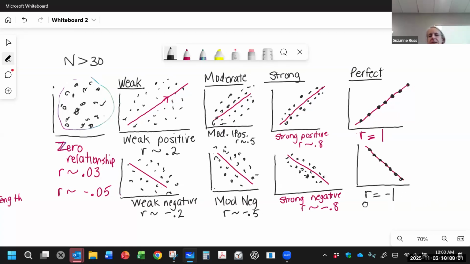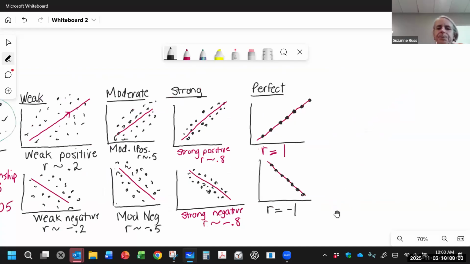Okay, so let's take some examples of a perfect relationship. Perfect. So let's imagine that on the x-axis, let's start there, you have your height in inches.